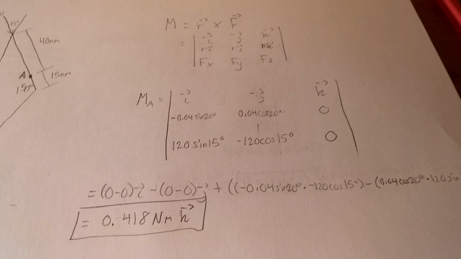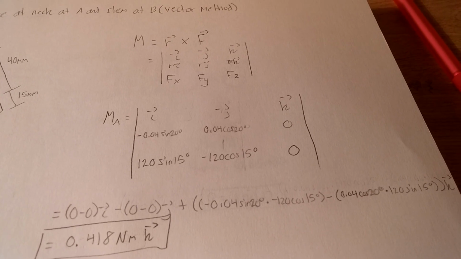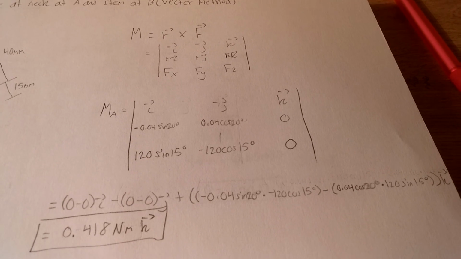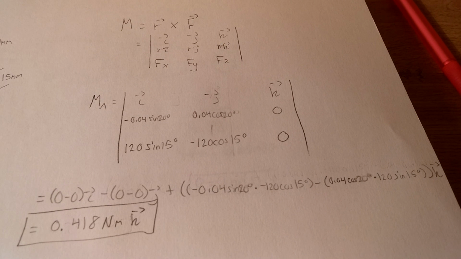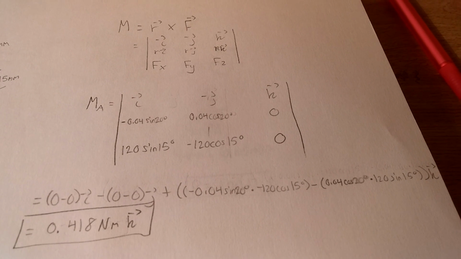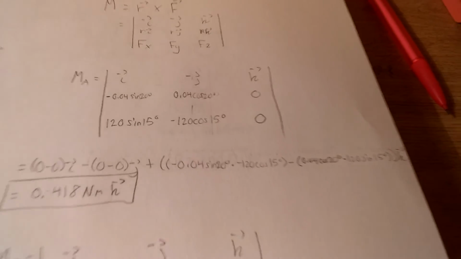Taking i, we have zeros in k for both r and f, so our i component is going to be 0, and likewise for j. So we don't have to worry about i or j because k is 0 in both r and f. But when we do k, there are no zeros.